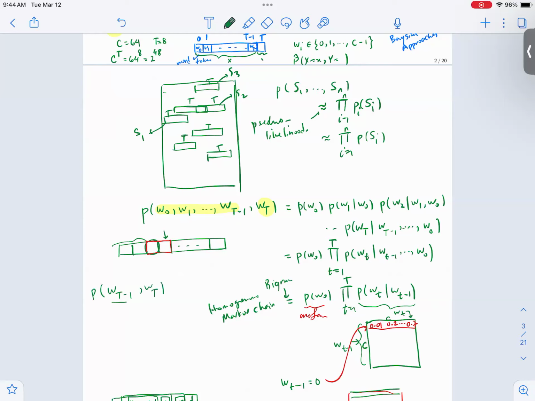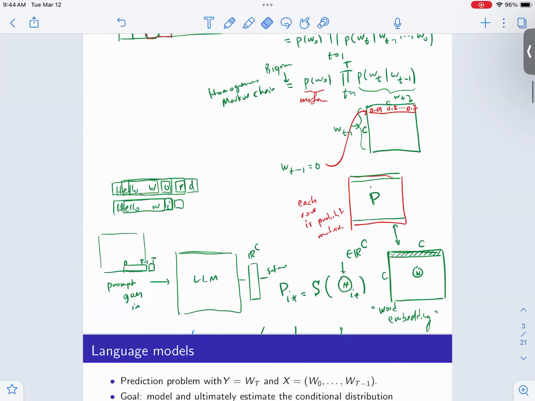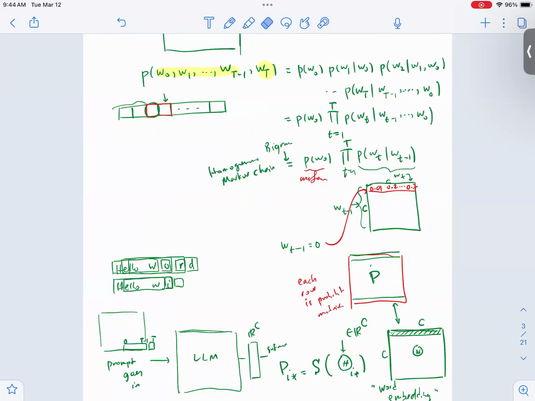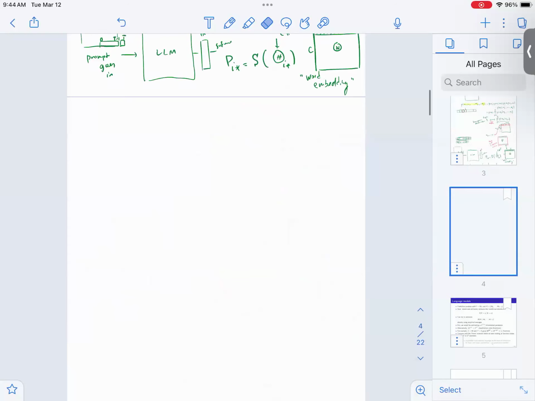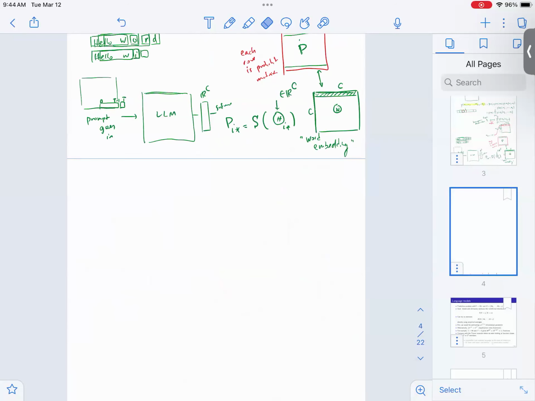Okay, so I want to predict the next word. Let me start anew to remind you what we're discussing. Let's say t is just 1.